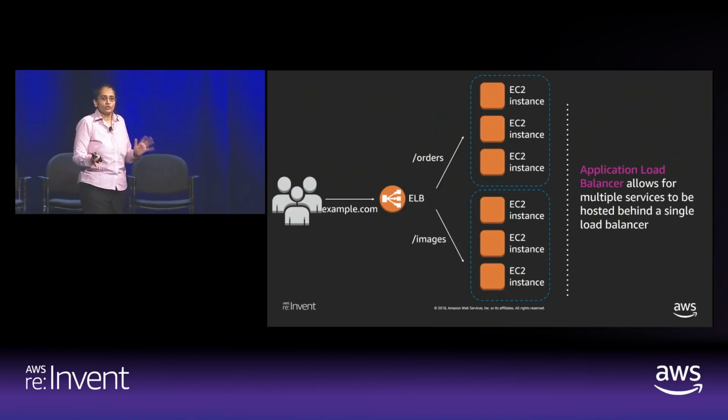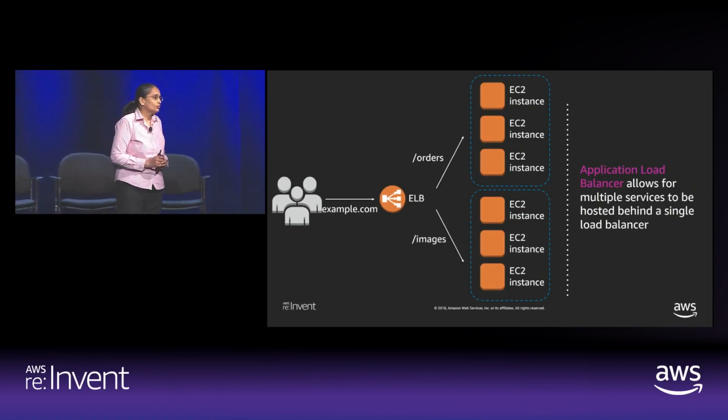You can do the same thing for host names, so both path and host are supported. So you want to think through how you want to consolidate some of your load balancers using this architecture. It's very simple to think, I want to save, let me bring all my applications behind one load balancer. But I caution, the best practice is to think of who's managing this load balancer, what your blast radius is going to be, and what your availability is going to be, right?